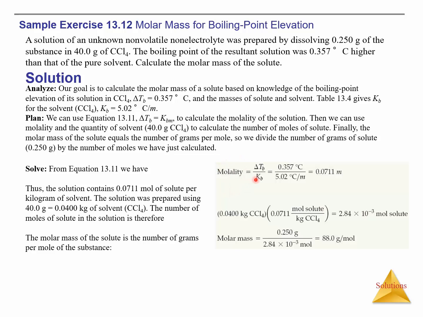Then, molality equals delta Tb divided by Kb for CCl4, and we get this molality. Now, the solution contains this amount of moles of solute per kilogram of solvent. The solution was prepared using 40 gram, 0.04 kilogram, of solvent. The number of moles of solute in the solution is therefore this kilogram times the molality, moles per kilogram, and this is the number of moles of solute.